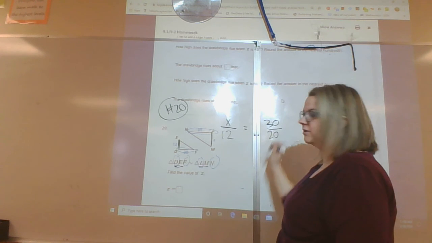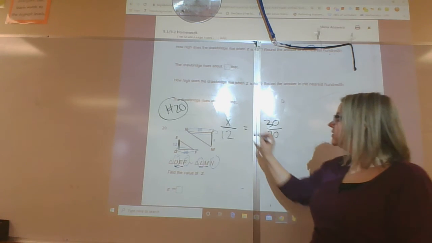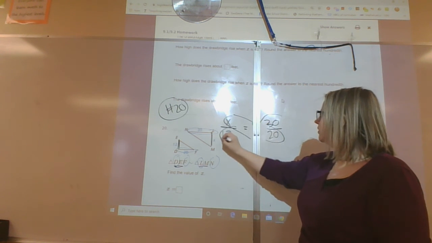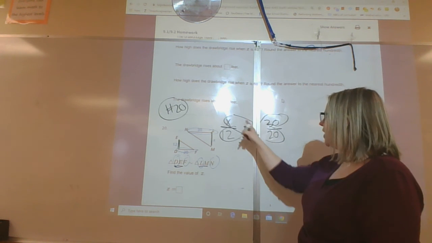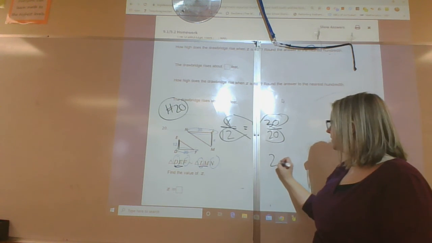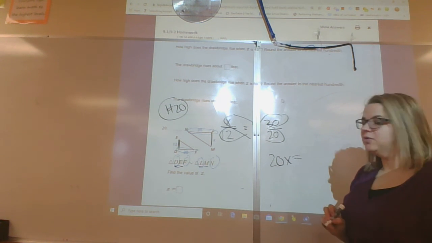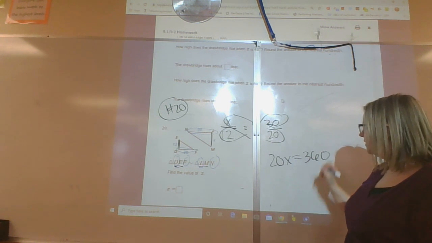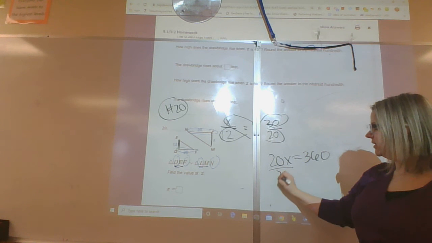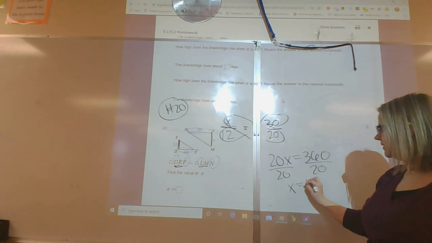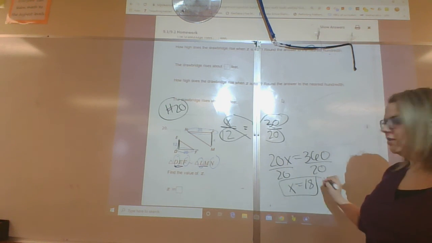Okay, so now I'm just going to cross multiply. X times 20 is 20X equals 30 times 12, which is 360. Divide by 20, divide by 20, you get X equals 18. And that's your answer.